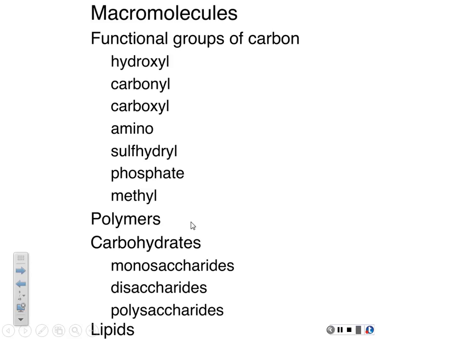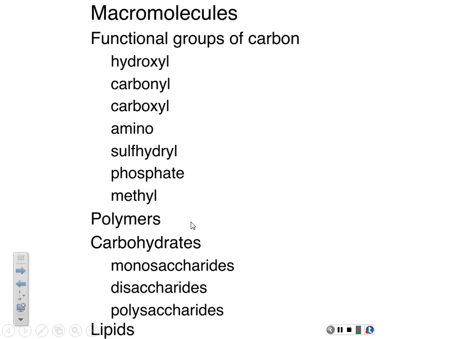So there are non-biological polymers. Nylon, for instance, is a chemist's polymer. You can synthesize nylon by linking together small subunits in a test tube. Chemists have been doing that for a long time.